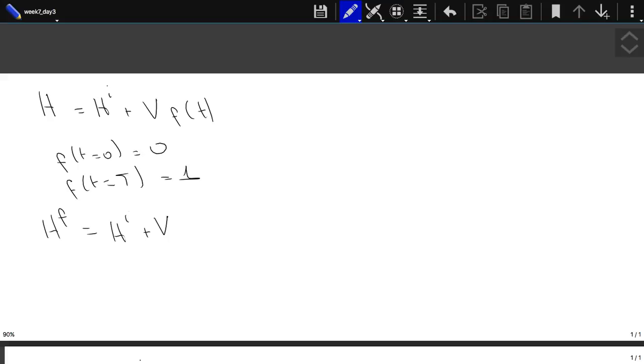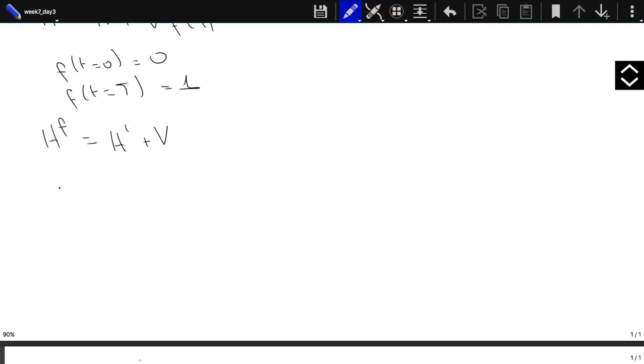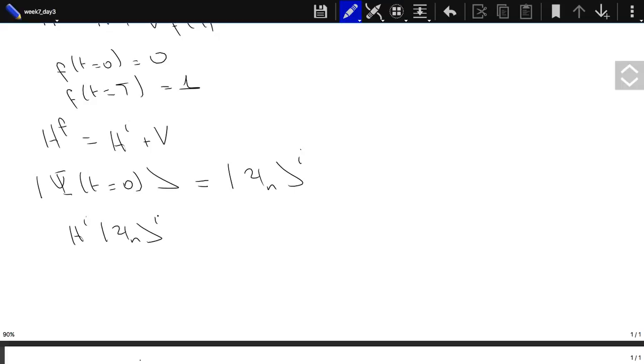And the thing that we would like to prove is this: let's assume that we have some state at t equal to 0, this is psi_n^i, where psi_n^i is an eigenstate of the initial Hamiltonian with energy E_n^i, so H_i psi_n^i is equal to E_n^i psi_n^i.